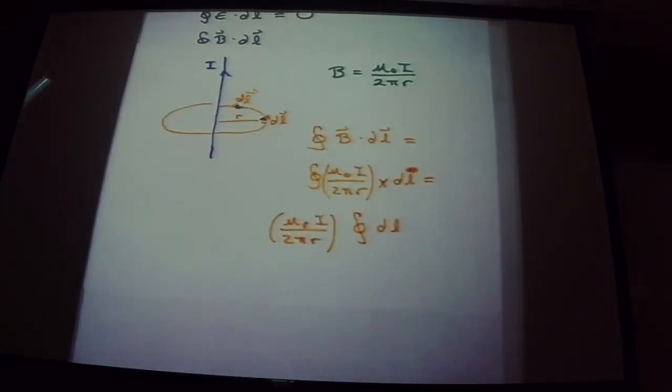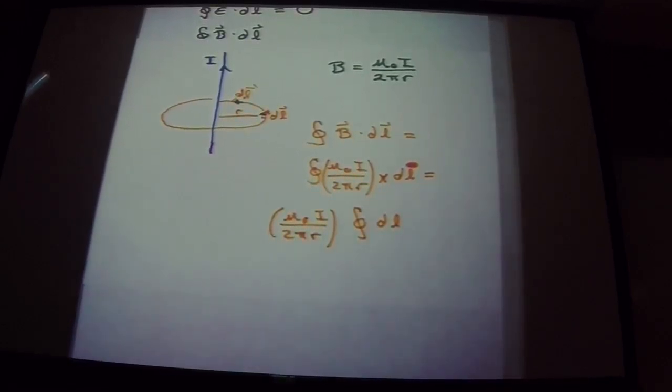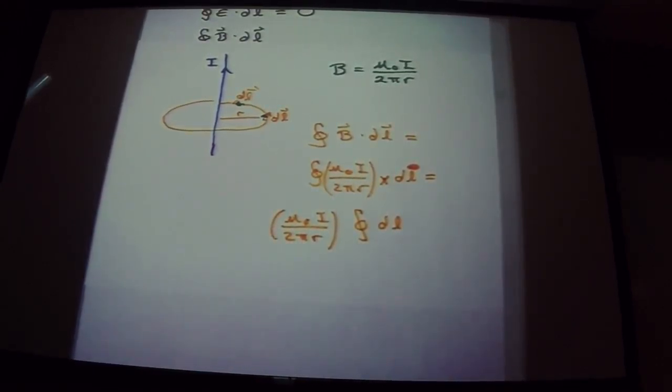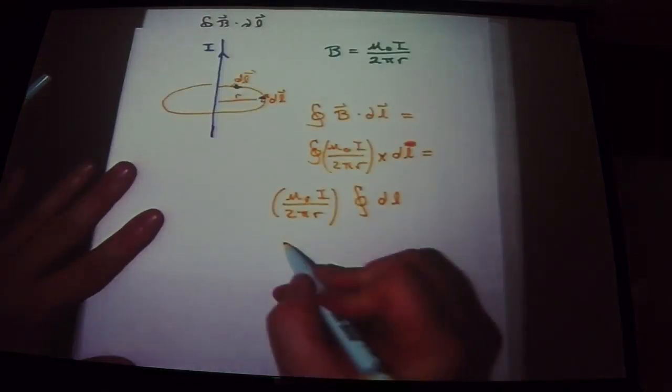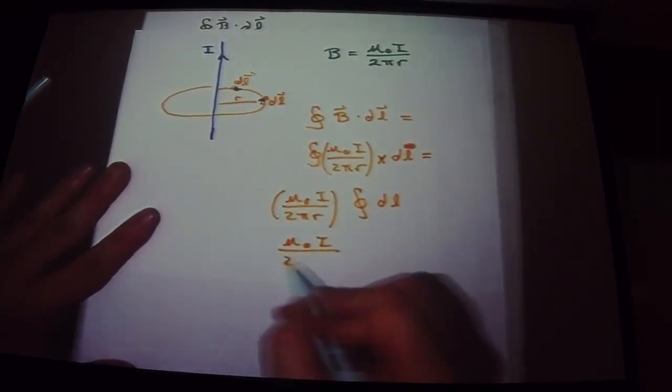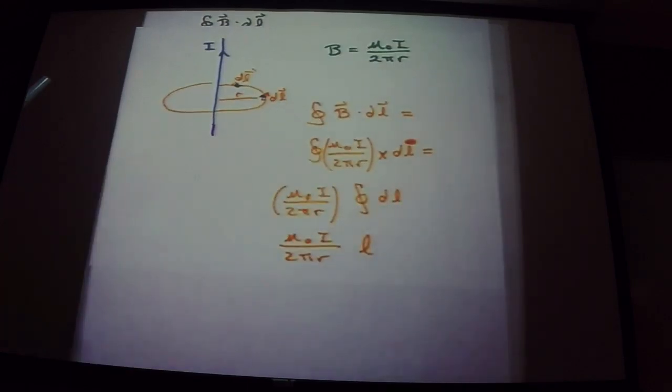What's the integral of dl? L, which in this case means the length of the circle. So this is just mu naught I over 2 pi r multiplied by L.